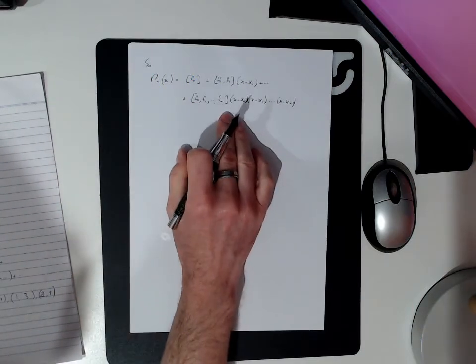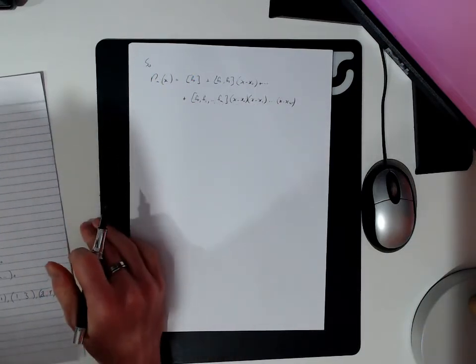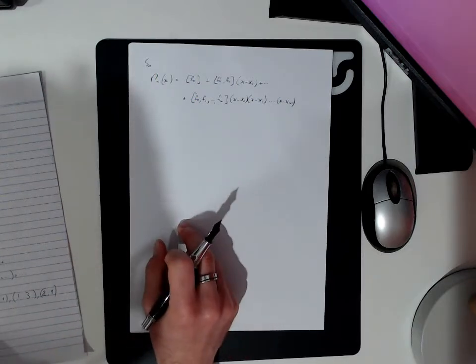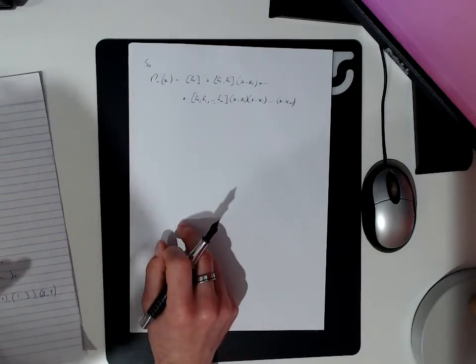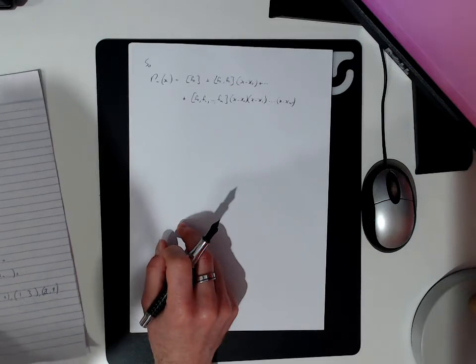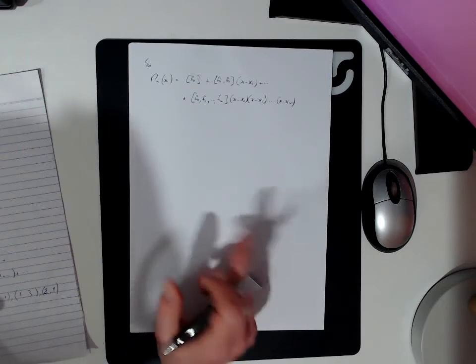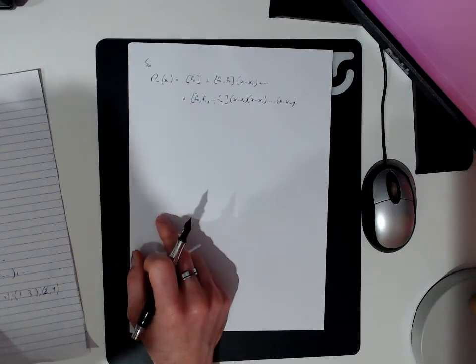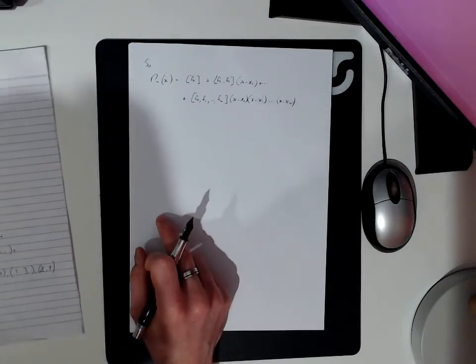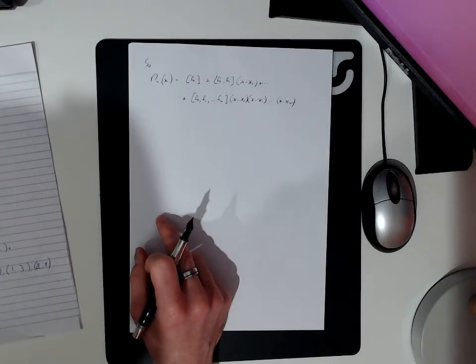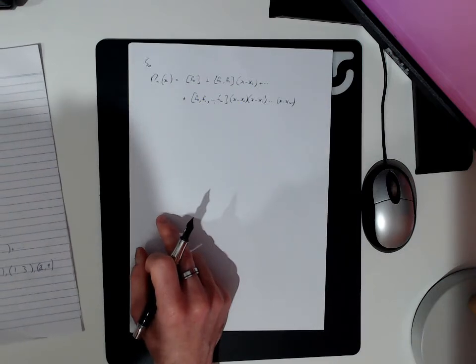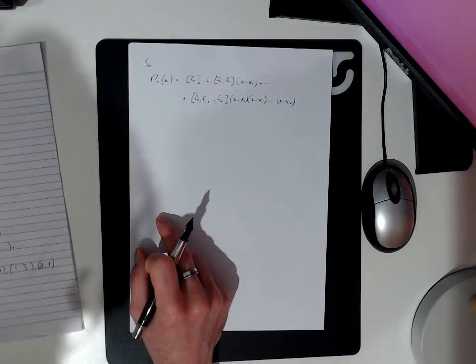Well, this form for the equation just allows you to add extra terms that incorporate the new data points in a very easy and simple way, rather than solving the Vandermonde matrix all over again, which I'm sure I'm pronouncing incorrectly. Apologies to everyone who knows how to pronounce that correctly. Or rather than starting from the beginning with the expression for the Lagrange interpolating polynomial using Lagrange polynomials themselves.